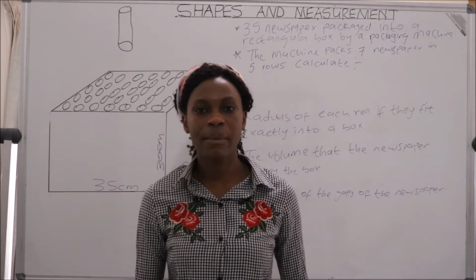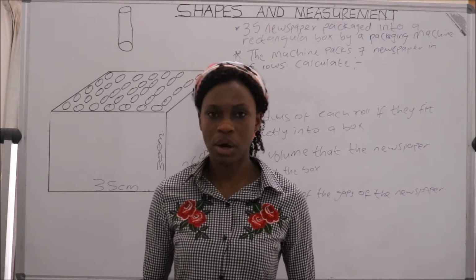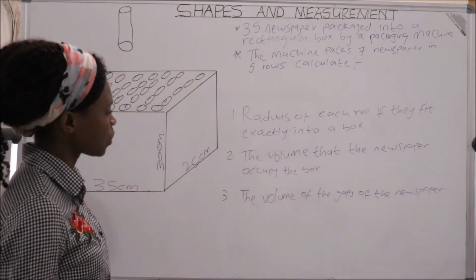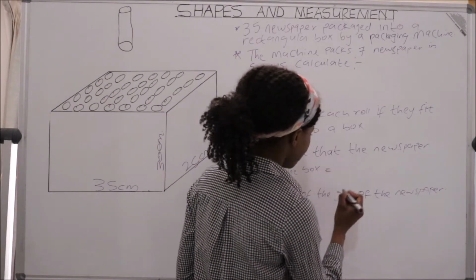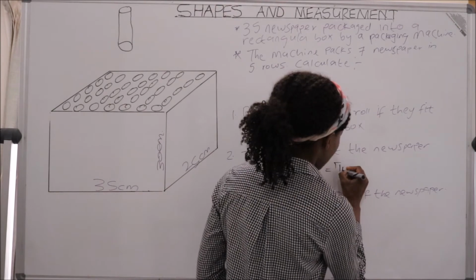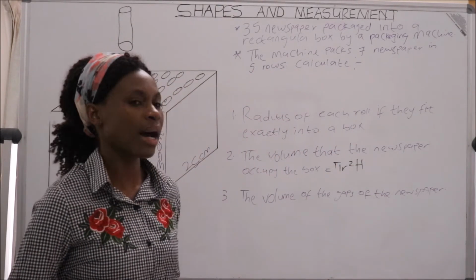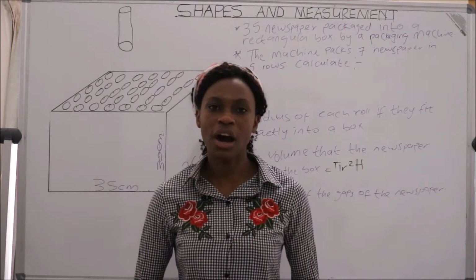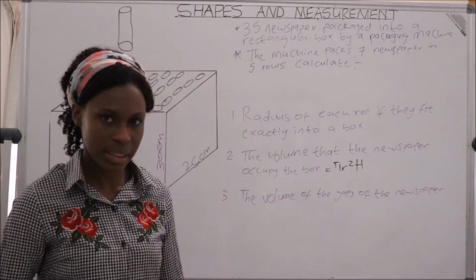That means that the height of the box is equal to the height of the newspaper roll. Now that we have everything that we need, we can just plug it into an equation. That means that the volume is equal to pi r squared h. This is the equation of the volume, of which pi r squared is equal to the base area of the cylinder, which is the newspaper roll in this case.